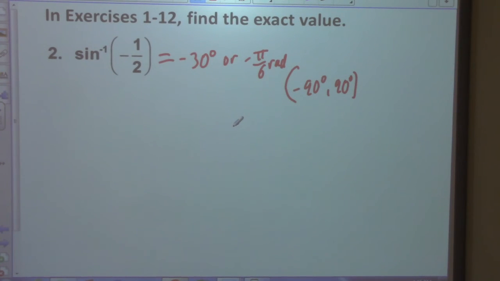So if you look at your circle sheet, for inverse sine, you use the first and fourth quadrant. Yeah, the right side, okay? Now for cosine it's different. For cosine you use quadrants 1 and 2. We'll get to that cosine one shortly.